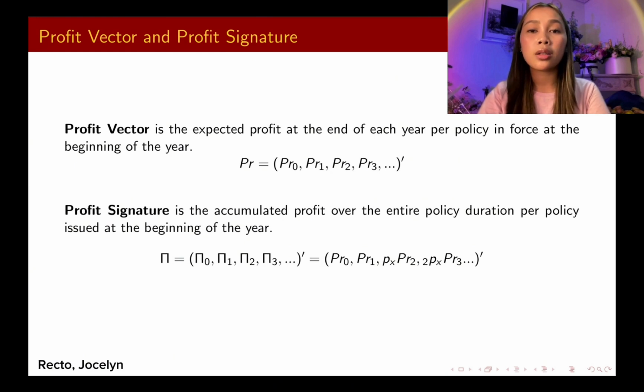So pi is equal to pi sub 0, pi sub 1, px pi sub 2, 2px pi sub 3, 3px pi sub 4, and so on. The profit signature reflects total accumulated profit for policies issued at the beginning of the year. These measures help actuaries forecast profitability trends and make strategic decisions about product design and pricing.